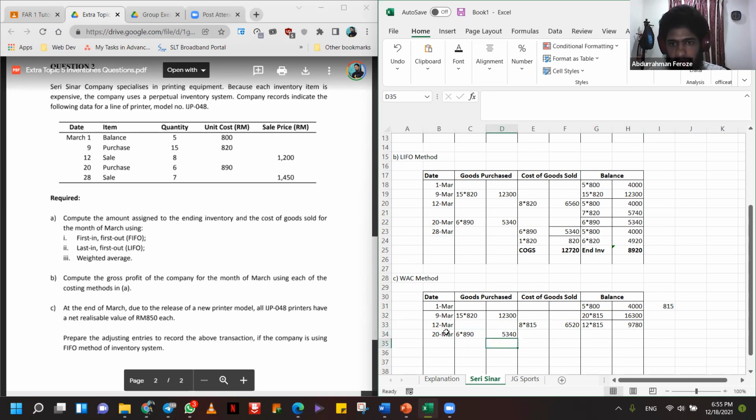6 into 890 is 5,340. All right. Okay. Now can anyone tell me what should be the average unit cost here? Currently we have 12 printers at 815 ringgit, and we have 6 printers at 890 ringgit. How should we find the average cost? Anyone?